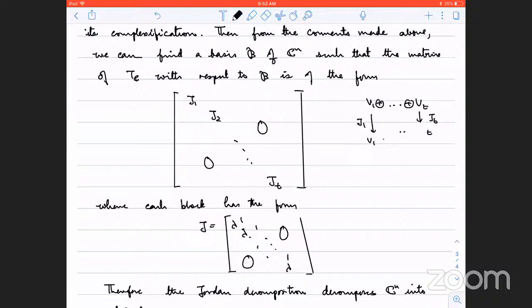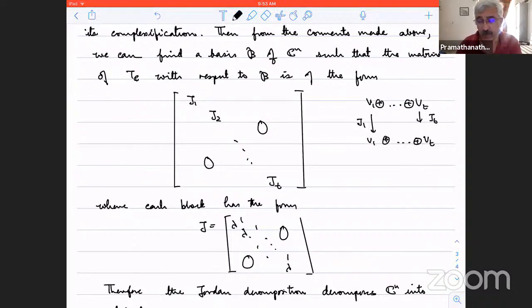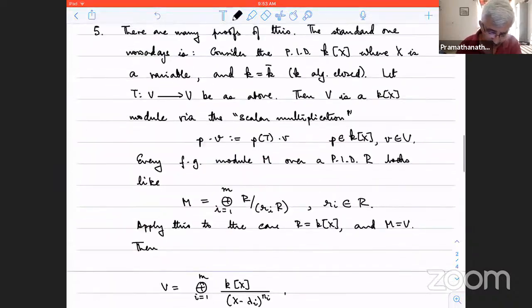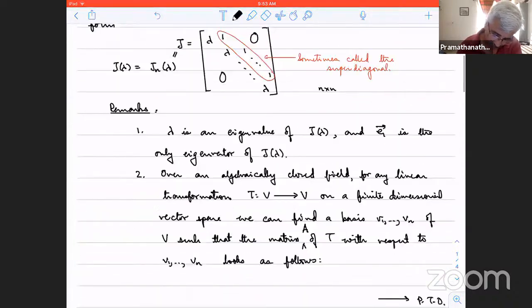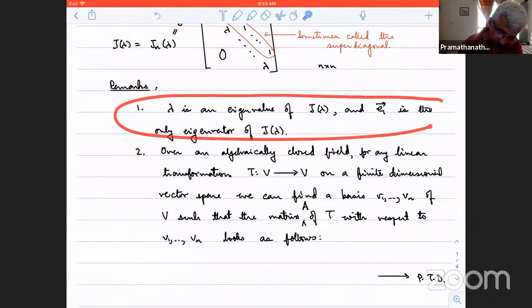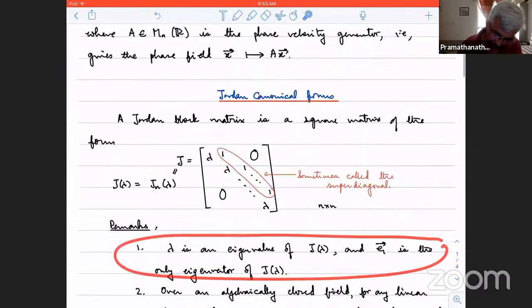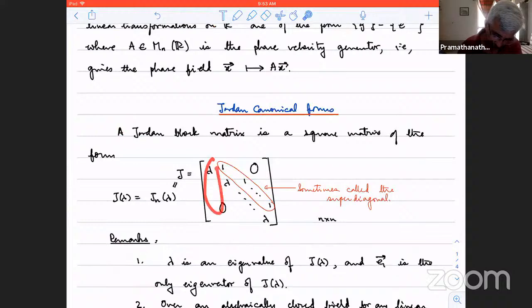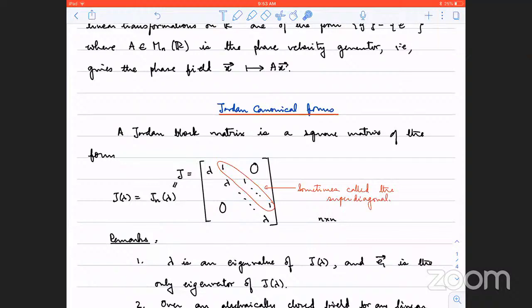Sir, will these be the eigenspaces of the corresponding lambdas of the Jordan blocks? Will they be? Think about it. Let me remind you of this comment here. The eigenspace corresponding to this matrix is only one, this column vector. There is no other eigenvector. So these V_i are not eigenspaces.